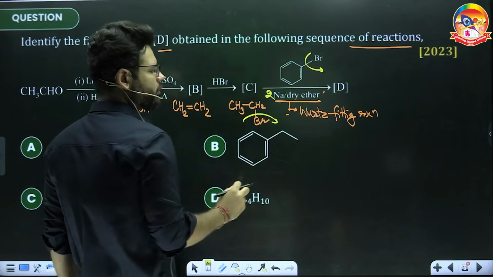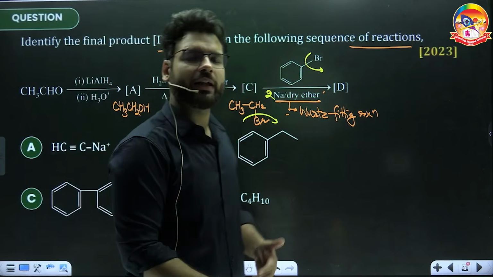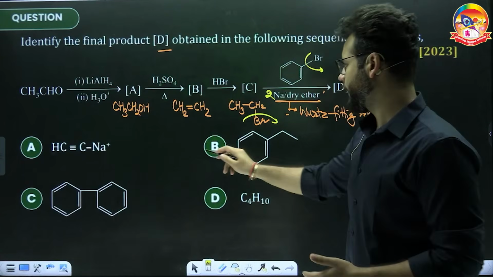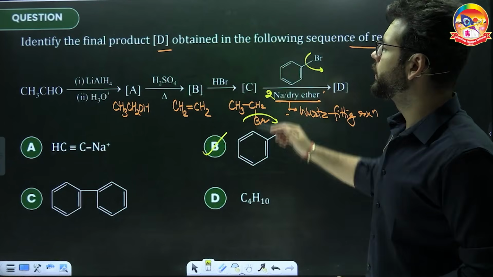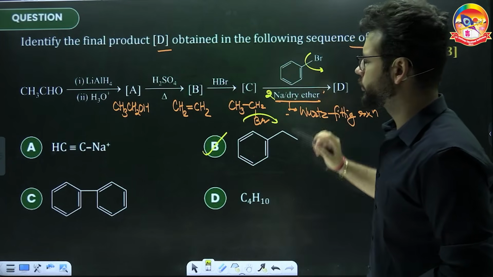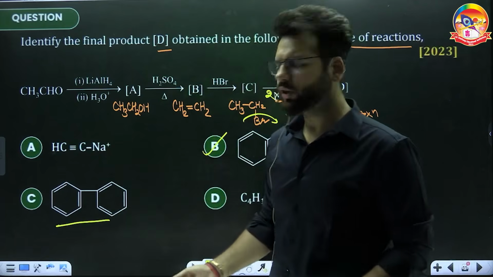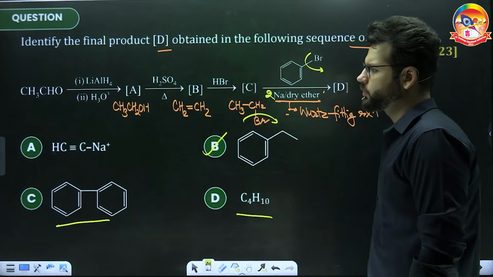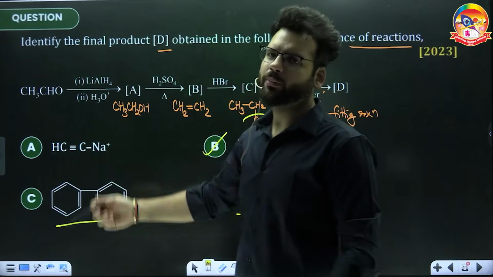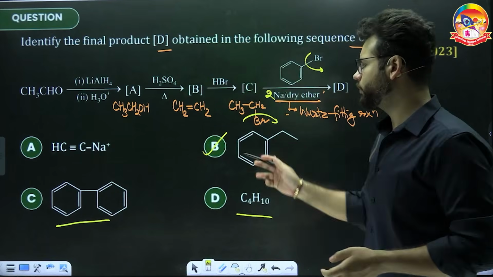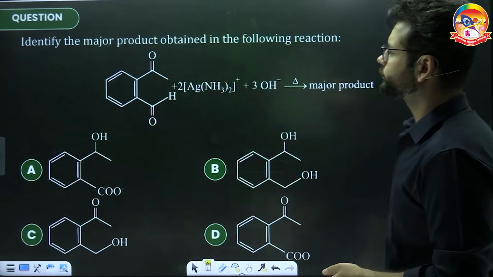This phenyl group attaches to the ethyl group. So we get ethyl benzene, which is option B. What is the final product they are asking? So it is option B. This also will be a minor product, it's a self-Fittig reaction, a self-Wurtz reaction. This also is possible. A is not a possible product here. So B will be the final answer.